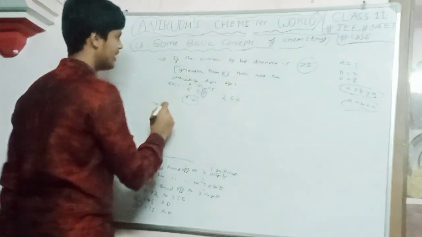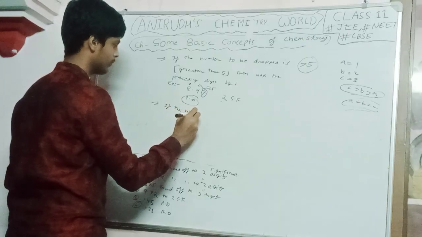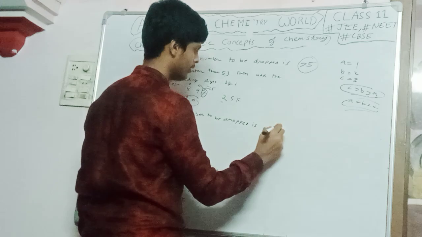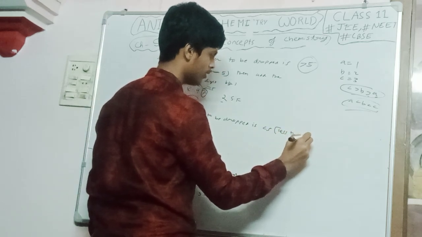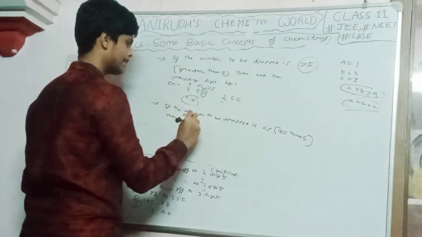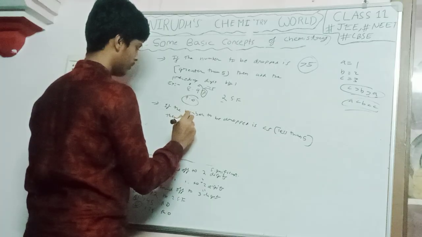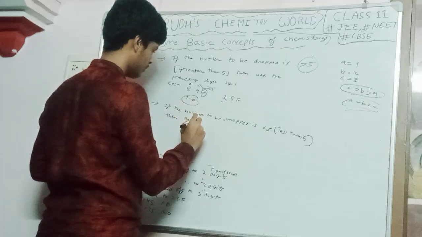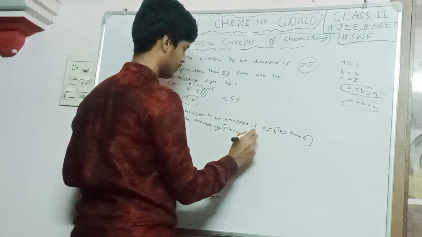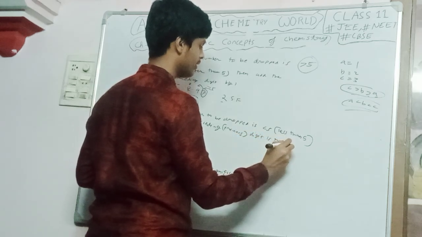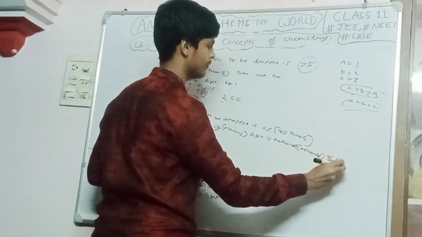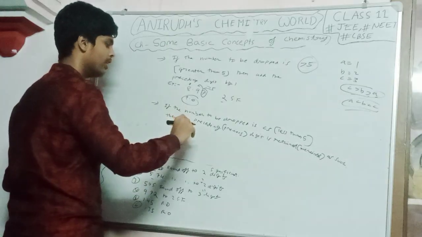Now, if the number to be dropped is less than 5, then the preceding digit, preceding meaning previous digit, is retained as such.